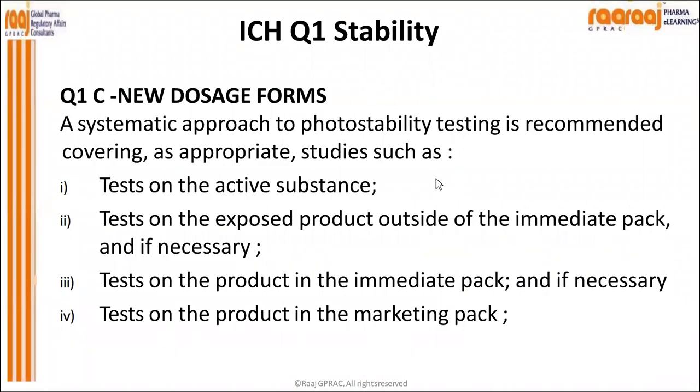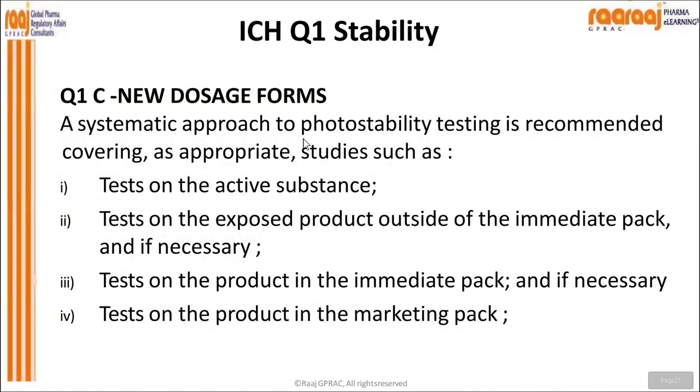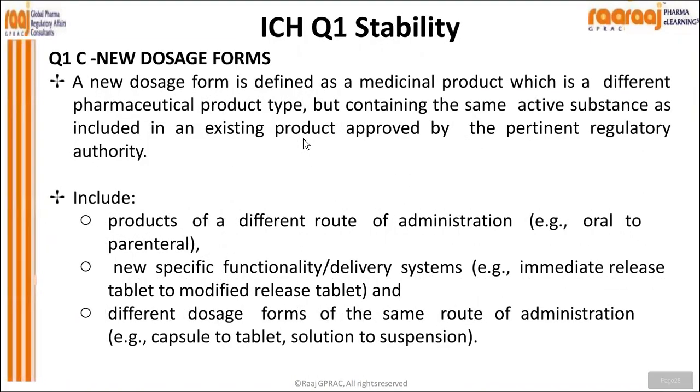Then Q1C talks about new dosage form. You can read. Right? So Q1B talks about photostability. Q1C talks about new dosage form. New dosage form is defined as what?